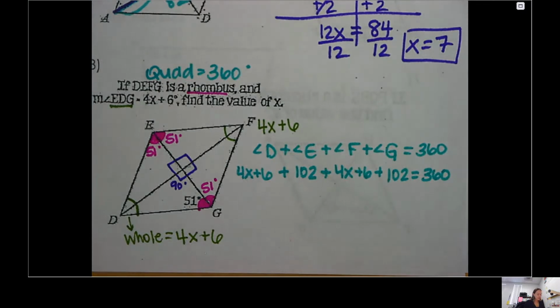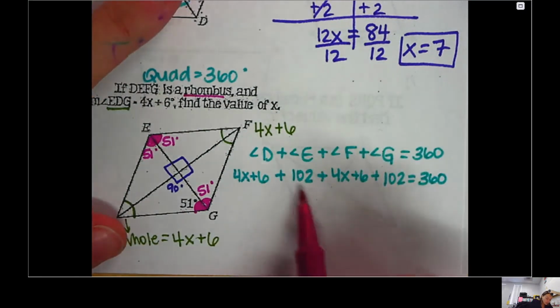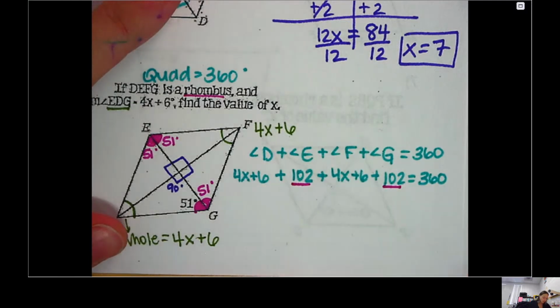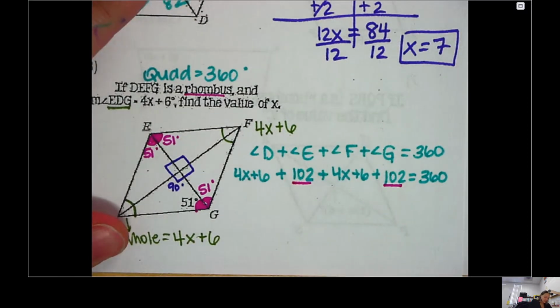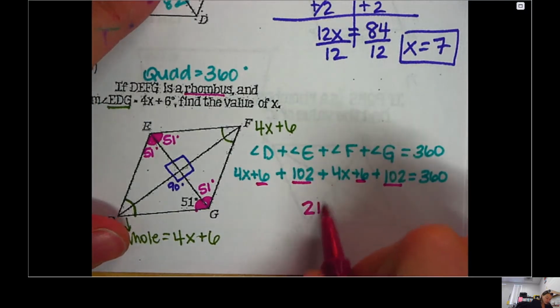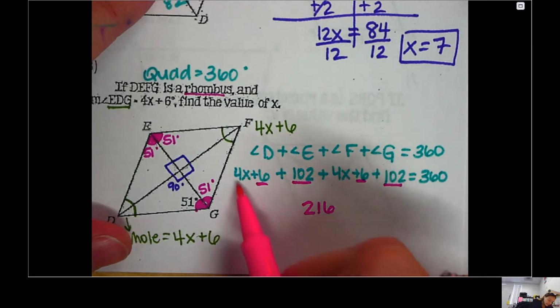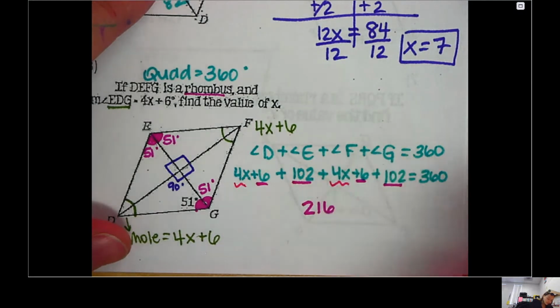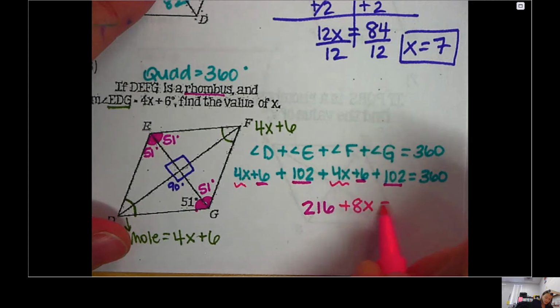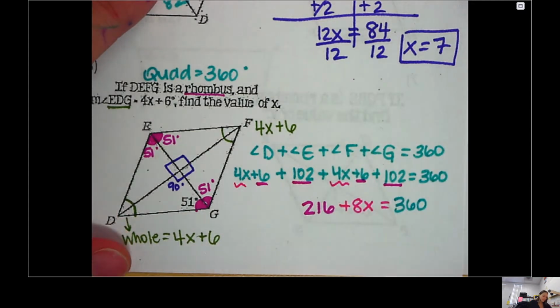From here, I'm going to add some like terms together. So 102 and 102 is 204. Plus 6 and 6 is 12. So that's a total of 216. Plus my x's, 4 and 4, that's 8x, equals 360 degrees.